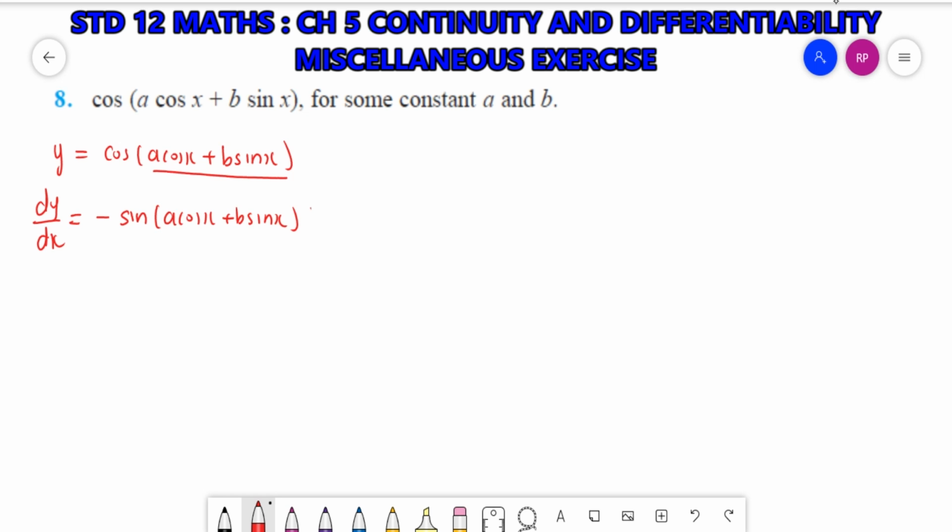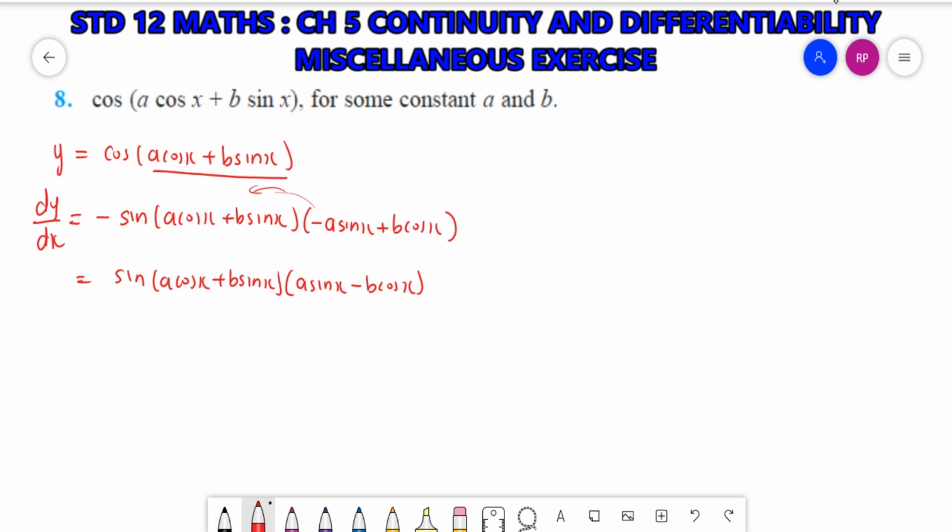So derivative of a cos x is minus a sin x and derivative of b sin x is b cos x. Okay, so I can take this minus sign common outside, so minus minus will be plus sin of a cos x plus b sin x into a sin x minus b cos x.